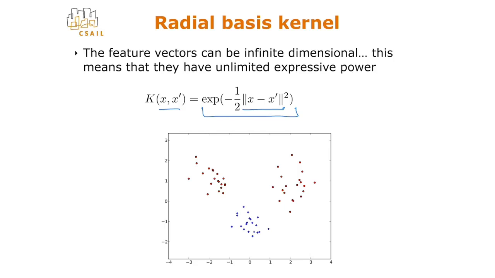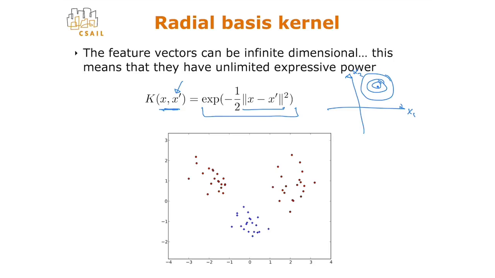So intuitively, what this looks like in, say, x1 and x2 coordinates, the kernel is a little bump here. If we center it at x and look at how the kernel evaluates as we change x prime, you would get decreasing values, a little Gaussian bump centered at x.